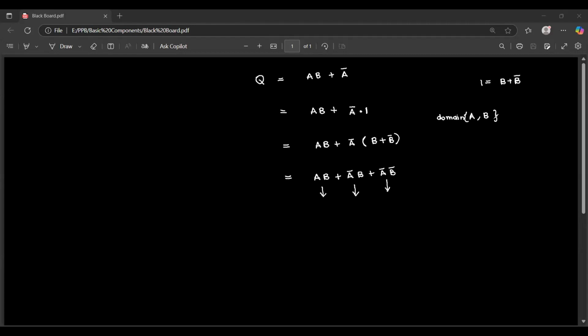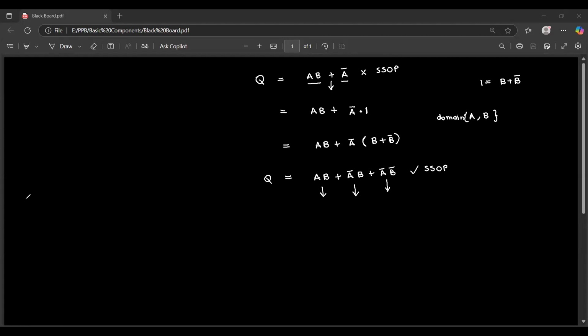A and B means you can use A, B, or A bar, B bar. That's all. So this is in SSOP form. The earlier one was not in SSOP form, but it was in SOP form, obviously, since we have the products summed up by using an OR gate. That's all fine. But was it in SSOP? No. But now it is in SSOP. So this is very important.